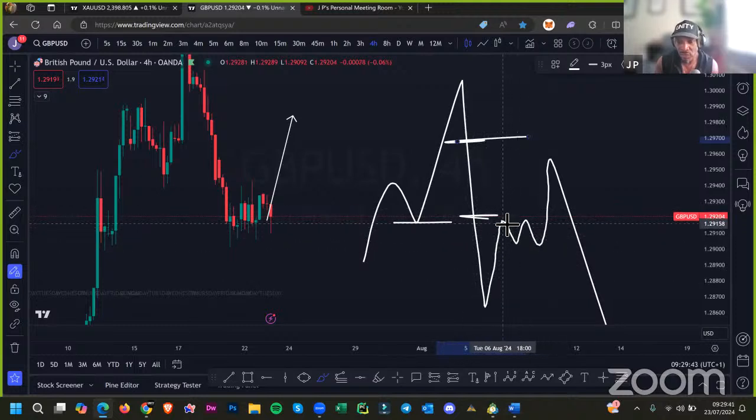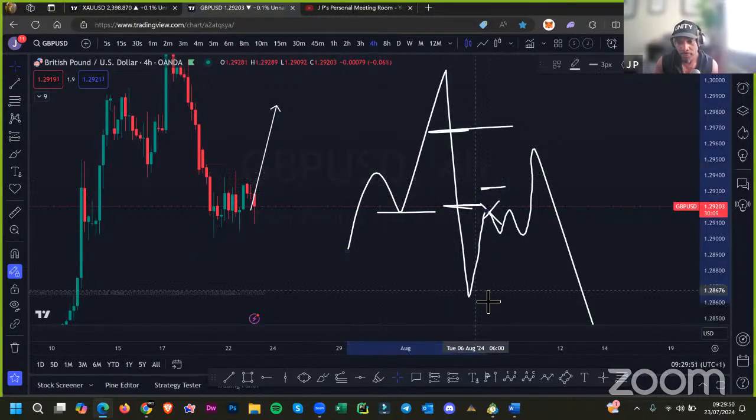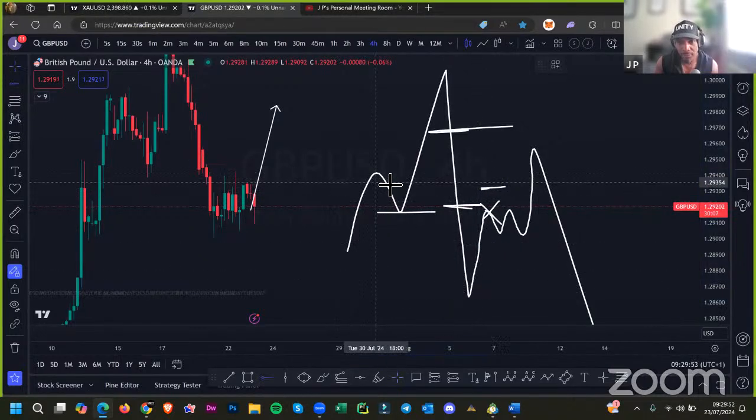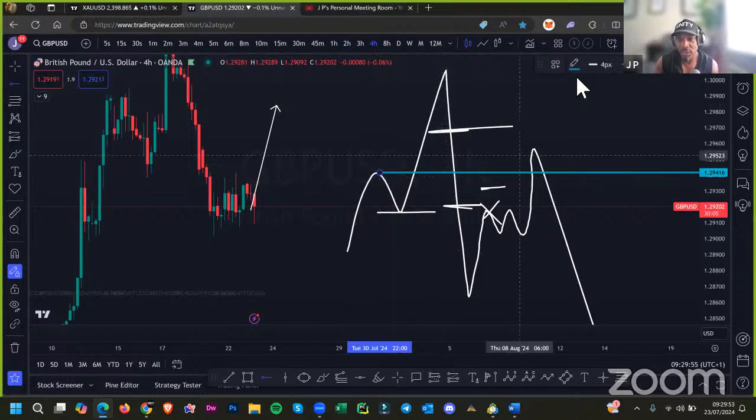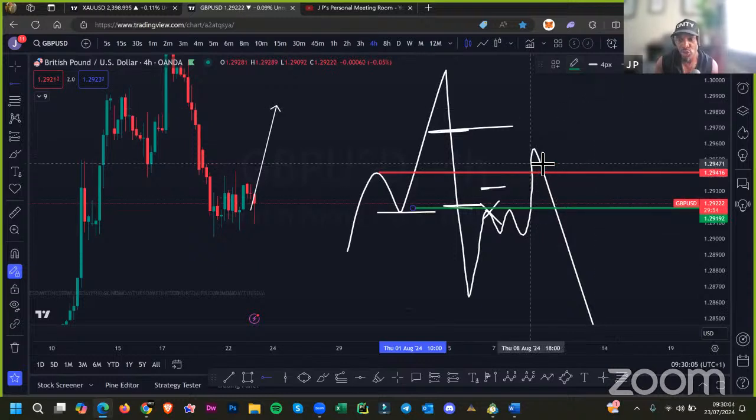Because break and retest traders hit the button here, place their stop just above this level, or maybe above this level. Maybe break and retest traders place their stop here. But as soon as the market comes back in, they just hit the button here. Well, this little push stops them all out.